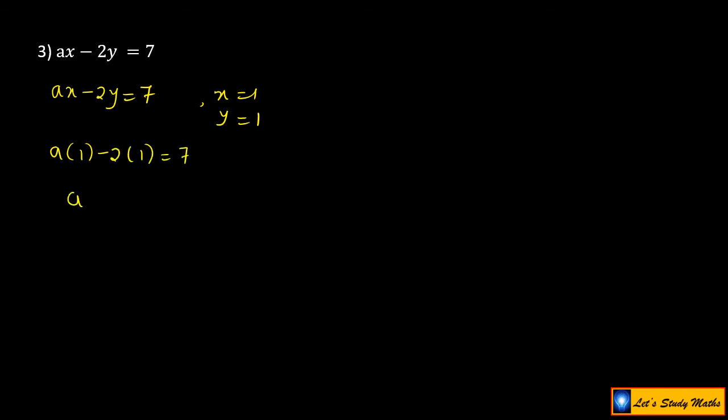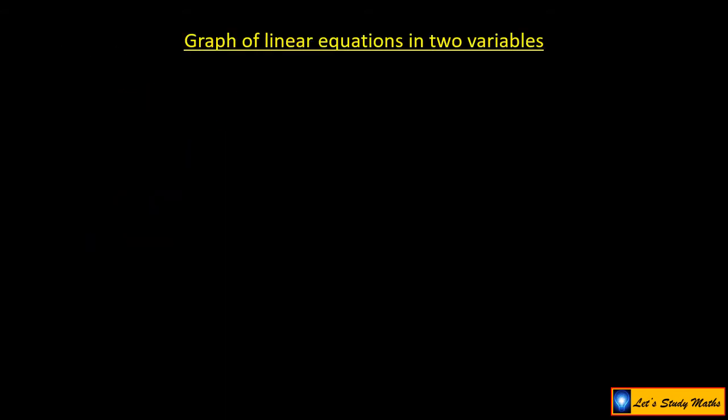So it is a minus 2 is equal to 7. So a is equal to 7 plus 2. Then we have a is equal to 9. So we got a value as 9. So in this way we need to find out unknown values when you are having the solution of the equation.